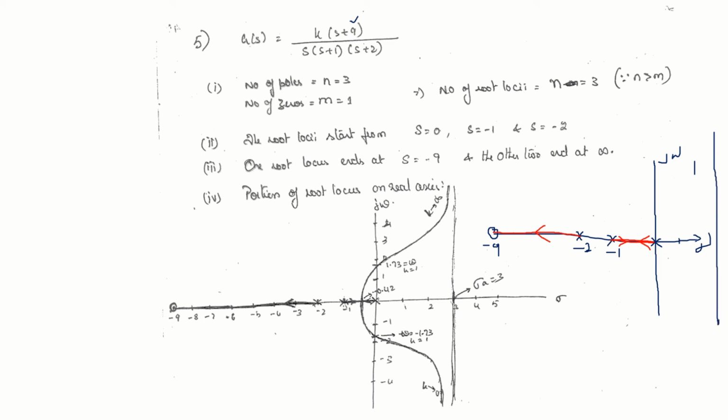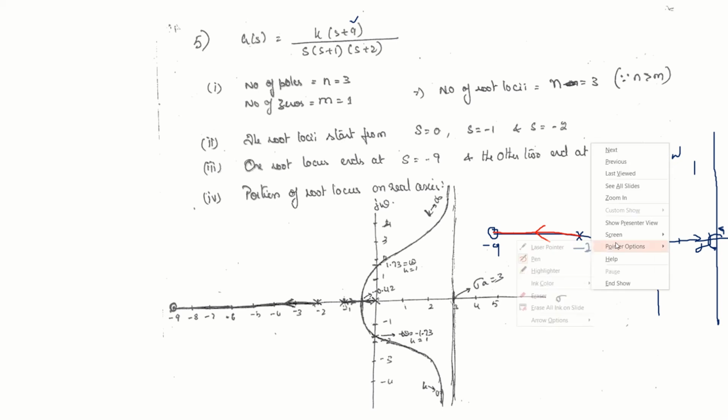One asymptote makes an angle of 90 degree, other makes an angle of 270 degree. Then you find a breakaway point. You will get a breakaway point here.